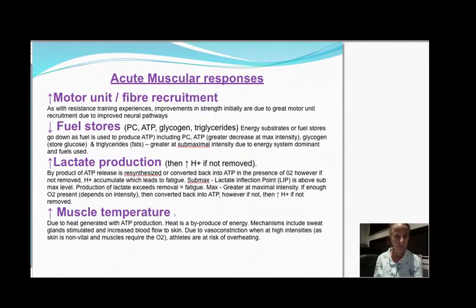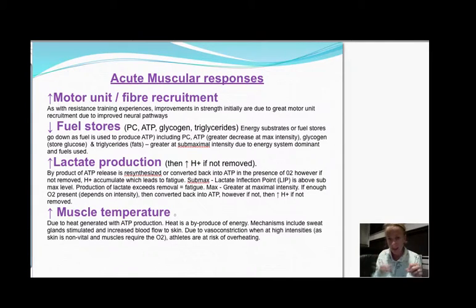Lactate production. Lactate production goes up. When we produce ATP, we produce lactate. In the presence of oxygen, lactate is resynthesized back into ATP. With insufficient oxygen, when lactic acid has insufficient oxygen, it's broken down into lactate and hydrogen ions.